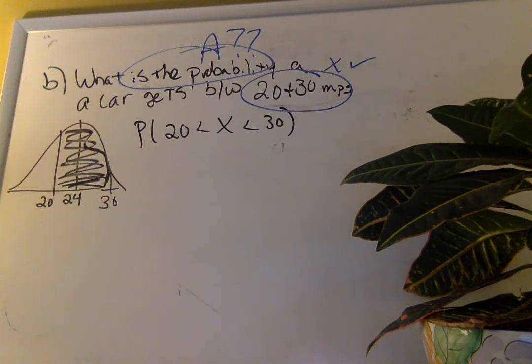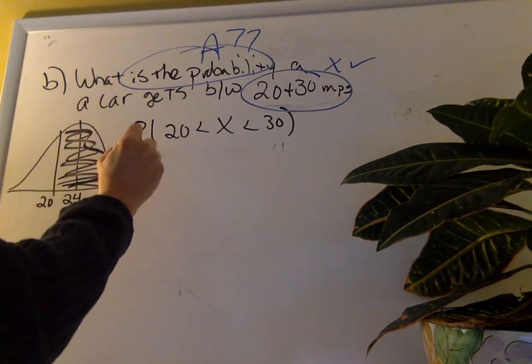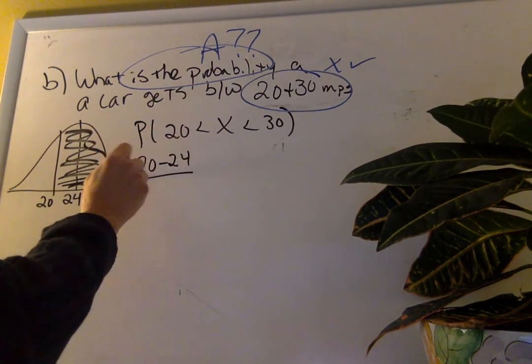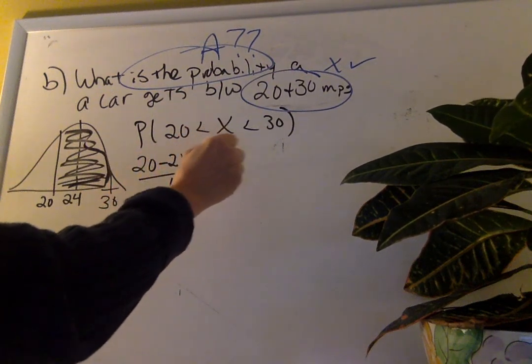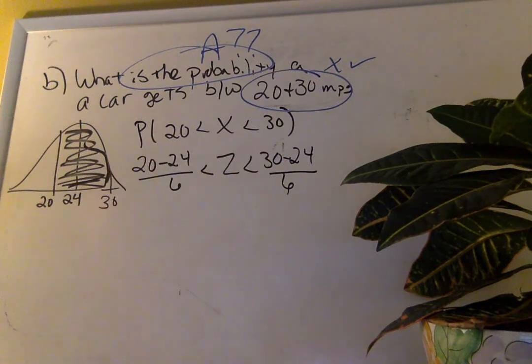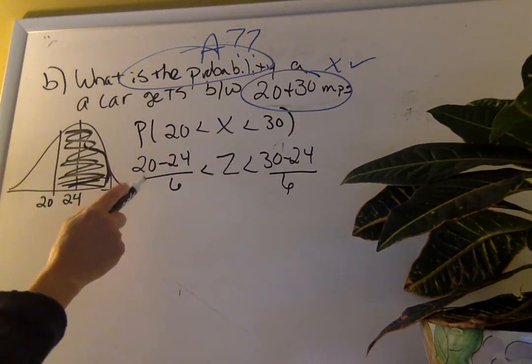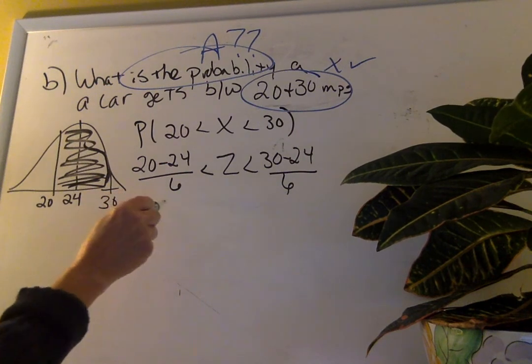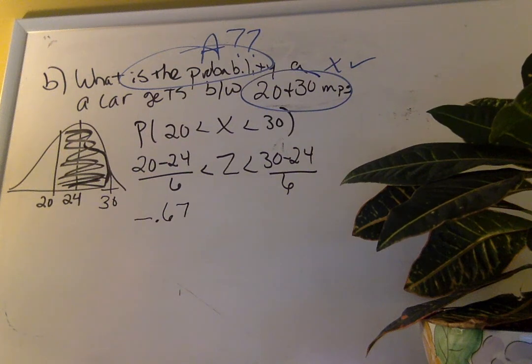All right, so I have to get 2 z-scores now. That's okay. Subtract off the mean, divide by standard deviation. Subtract off the mean, divide by standard deviation. This is negative 0.66666 repeating, to 2 decimal places, it's negative 0.67.